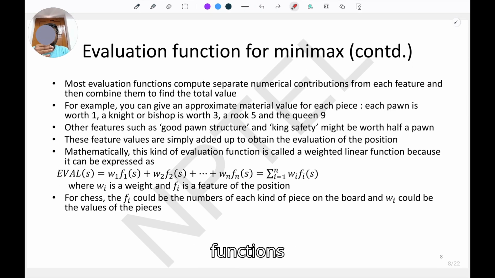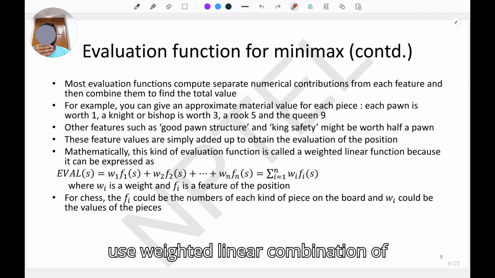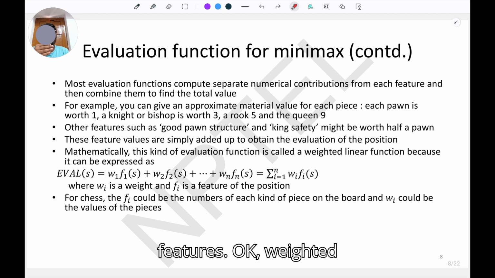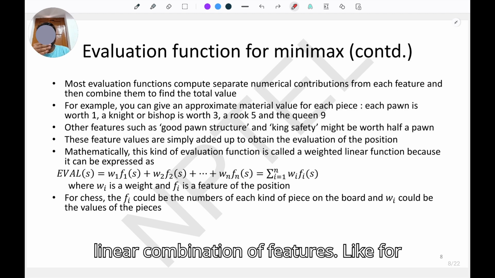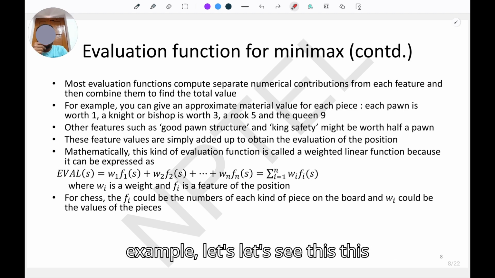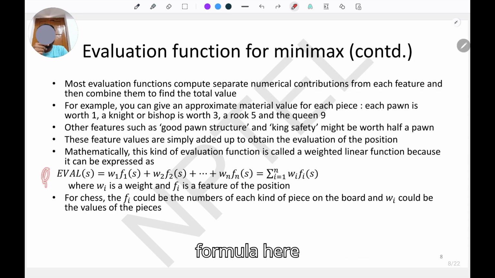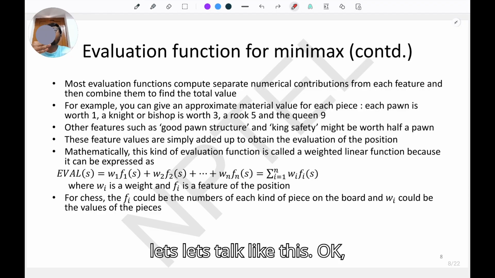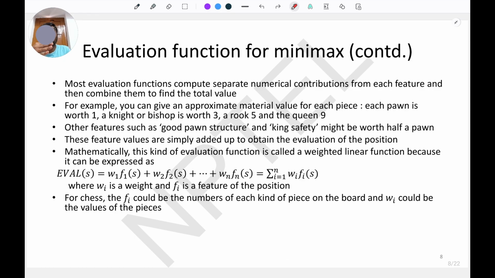Most evaluation functions use a weighted linear combination of features. Let's see this formula here: Eval of a state is the sum of w_i times f_i.